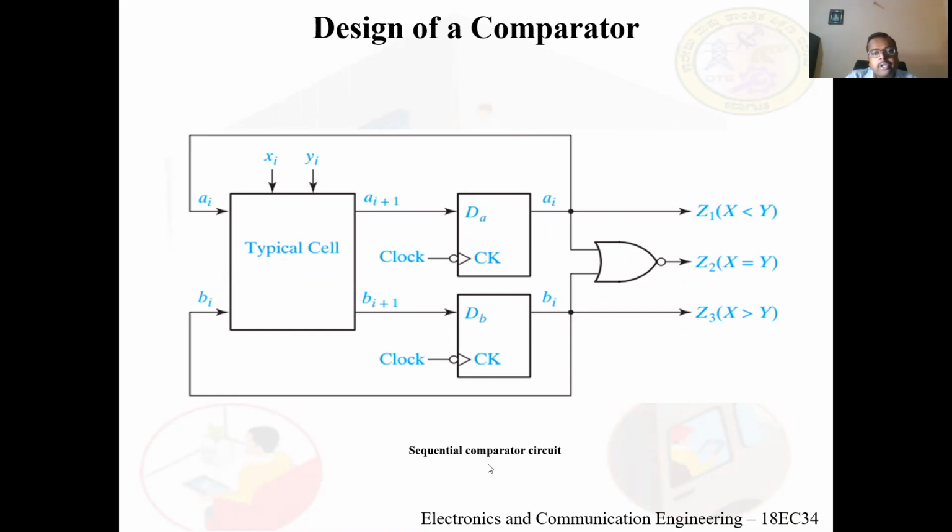But in a sequential comparator, these inputs xi and yi are received serially, and the state equations and the state table remain the same as what we studied for the combinational comparator. Also, the typical cell forms the combinational part of the sequential circuit here.